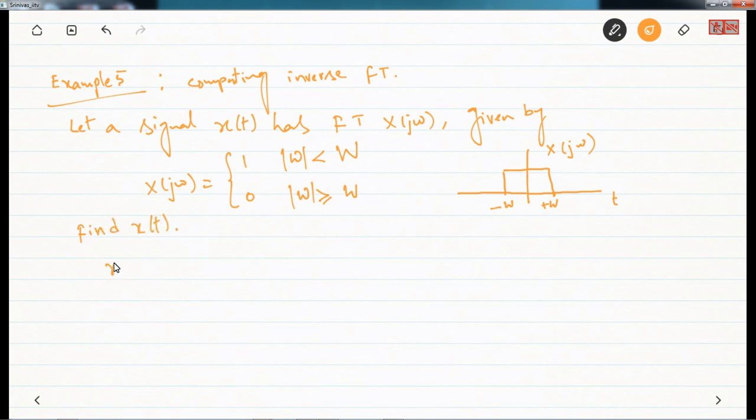Now we have to find x of t. So x of t is equal to 1 by 2 pi, integral from minus infinity to plus infinity, x of j omega e power j omega t d omega.